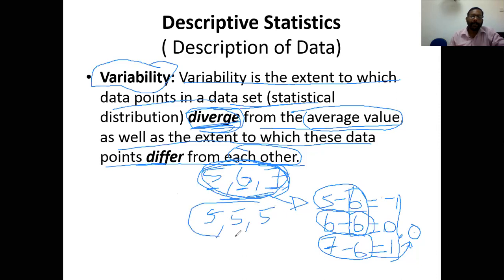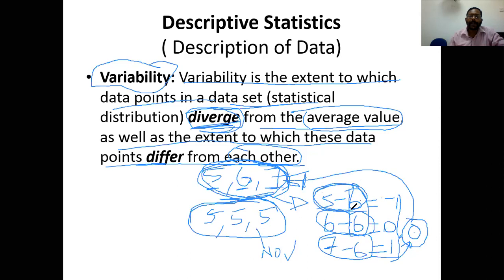Are they having variability? No, sir. In this case, no problem. But ultimately we get a value 0. Can we conclude there's no variability here? Something is wrong. If you just look at the difference itself, it will not work. We cannot say it is the variability.